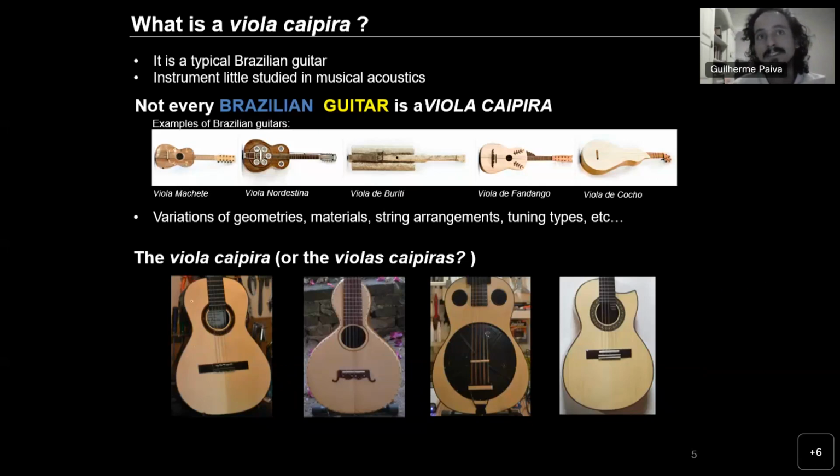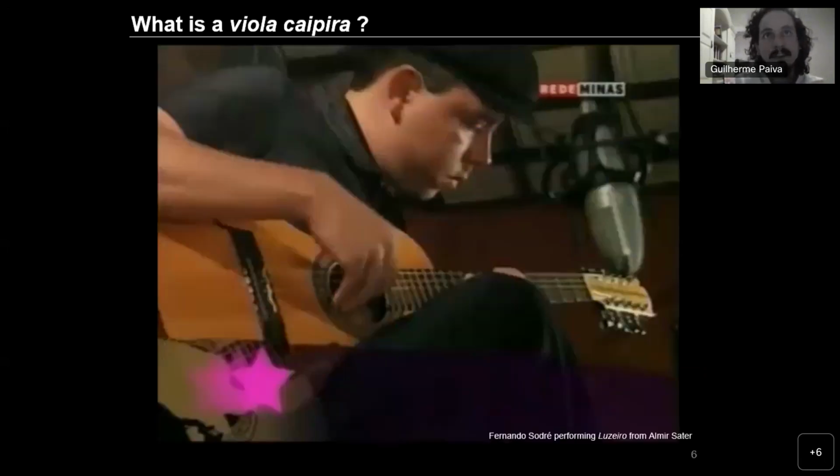So this is an important question: how to use these tropical woods to manufacture musical instruments. Continuing, we considered the most popular type of the viola caipira, which is this one.